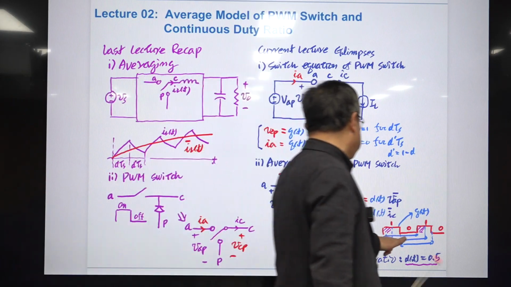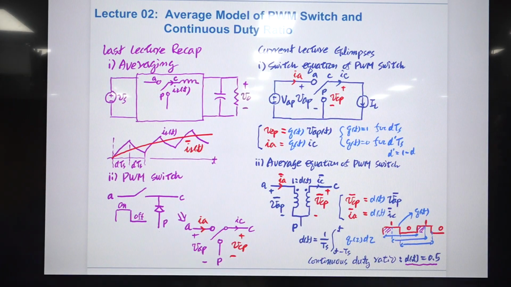Okay, the same is true for this period and this period. So if this is periodic, then this DT is constant. Okay, a time invariant variable, but in general, this period will change. The on time period will be varied. Then this becomes a continuous variable, so it's called the continuous duty ratio, DT.